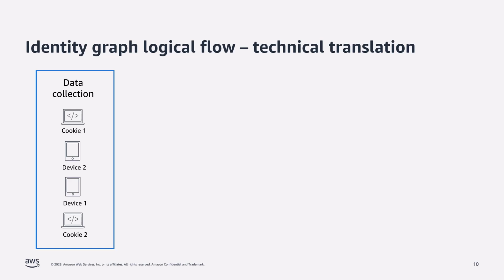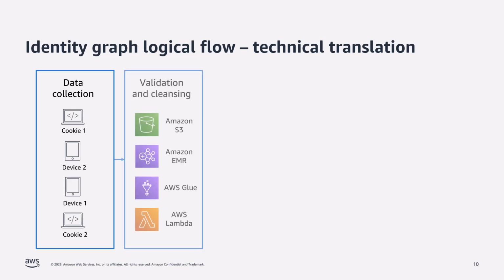Ingestion of data flows into some type of data store like Amazon S3 and combine that with validation and cleansing processes. Now, you could use a mix of AWS Glue, things like Serverless Spark, or Amazon EMR, or even AWS Lambda functions to transform and prepare your data before identity resolution happens.